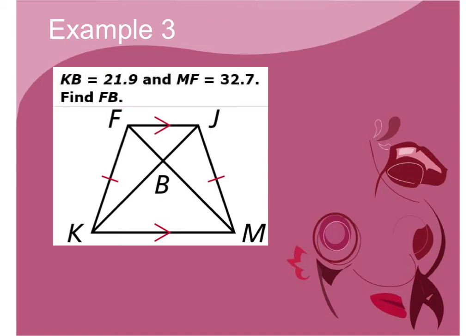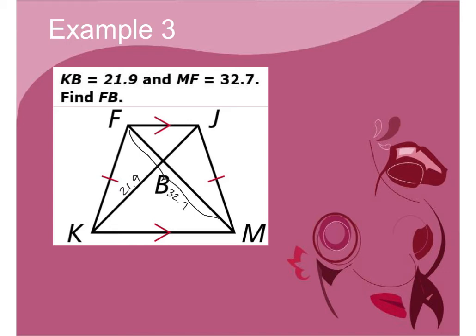What do we know about the diagonals of a trapezoid? You can go back in your notes. They're equal. They're equal? Go back in your notes. They're congruent. Yes, they are congruent. I was just kidding. Okay, so MF is 32.7.